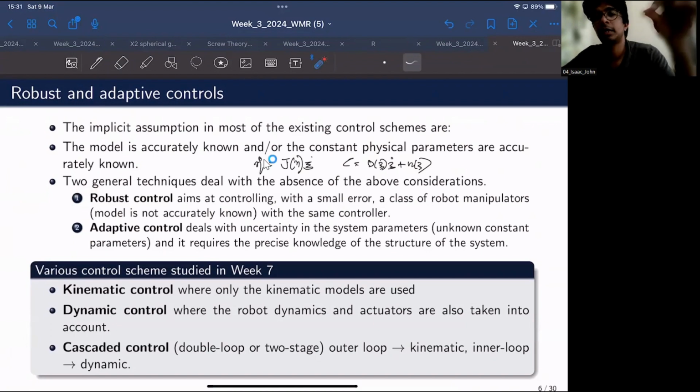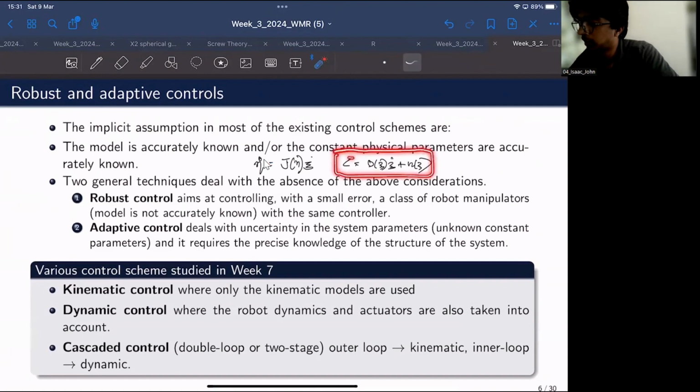Because in the case of a mass matrix, over time, due to wear and tear, the parameters, mass as well as moment of inertia, could vary. The feature of robust controllers is that even if there are deviations in the parameters, they can still control the robot satisfactorily using the same model. That is where the robust controller comes in.